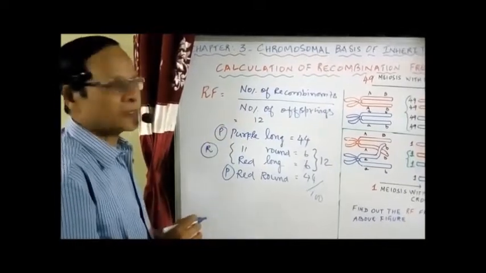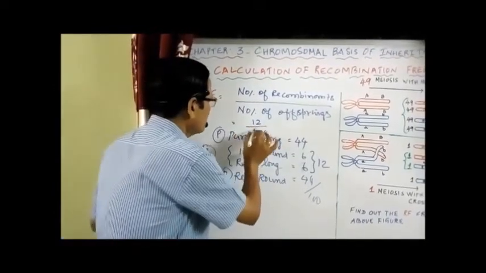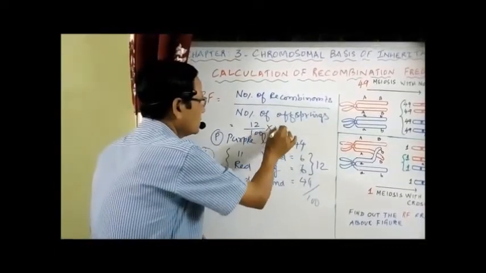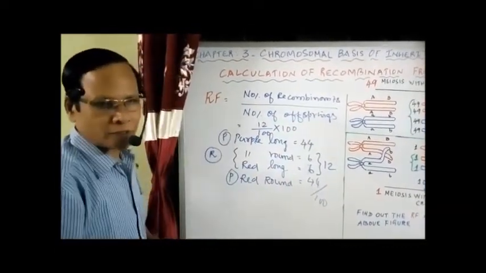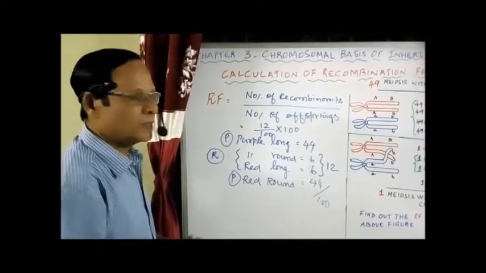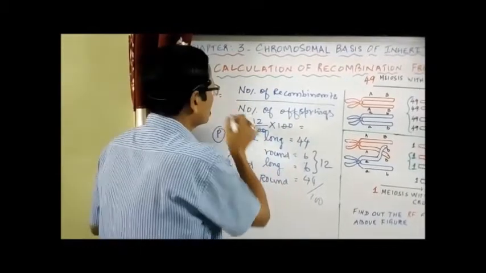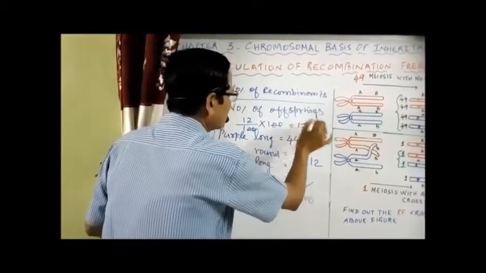So out of 100, the recombinants are 12. Then for 100, we find the percentage of recombination, that is the recombination frequency. Now the percentage of recombination, or recombination frequency, is equal to 12%.